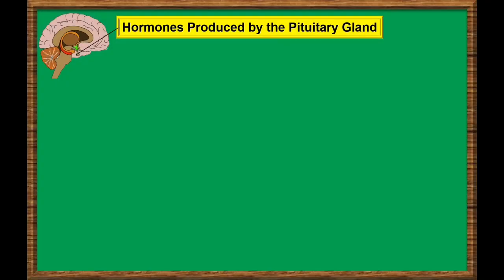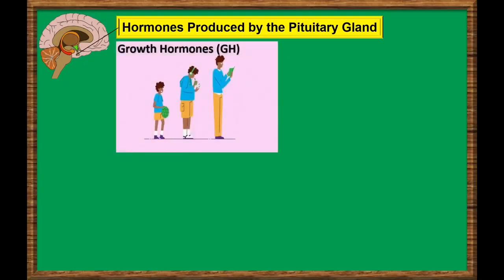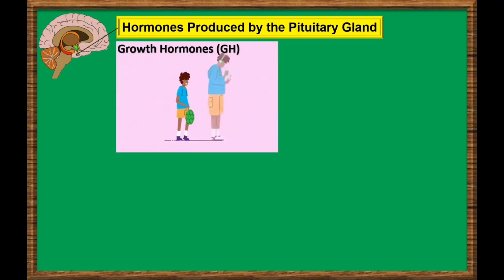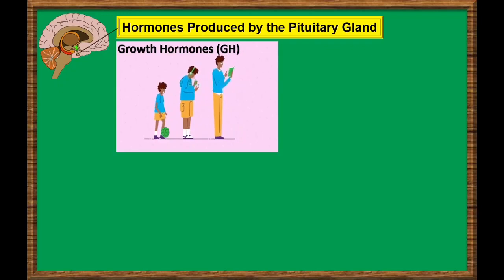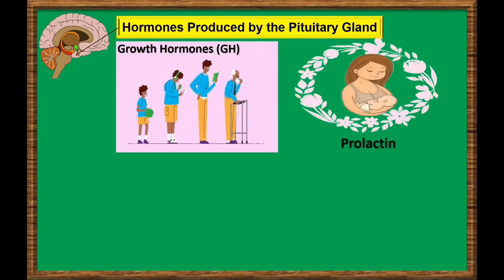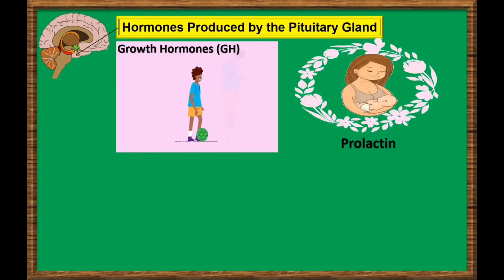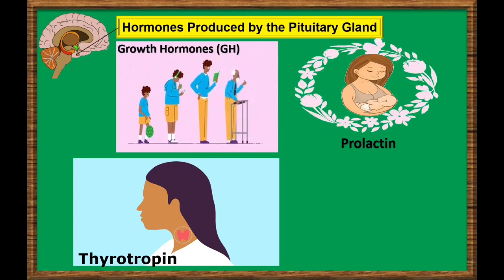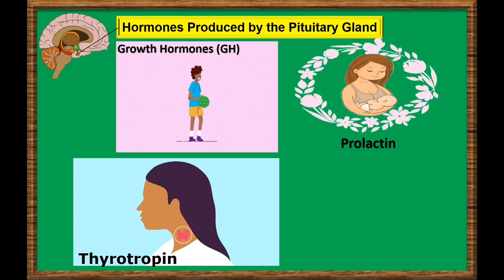The pituitary gland makes many hormones such as growth hormone, which stimulates the growth of bone and other body tissues and plays a role in the body's handling of nutrients and minerals. Prolactin, which activates milk production in women who are breastfeeding. Thyrotropin, which stimulates the thyroid gland to make thyroid hormones.